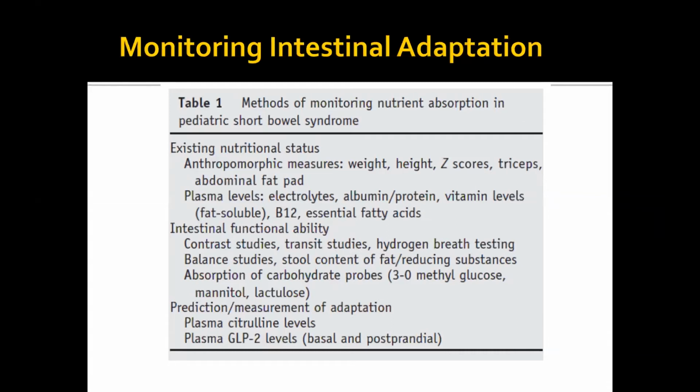The higher the citrulline level, the more intestinal mucosa there is. So you can compare it from time to time, like doing it every 3 months or so. Plasma GLP-2 level, which is glucagon-like peptide 2 level, helps you know how much endogenous GLP-2 is available.